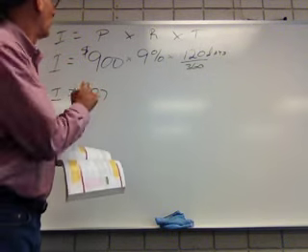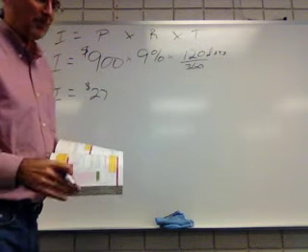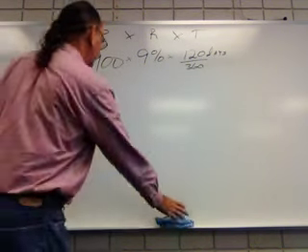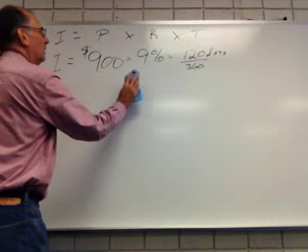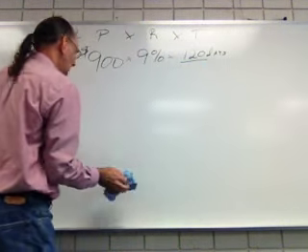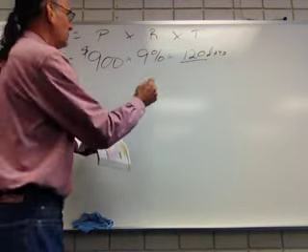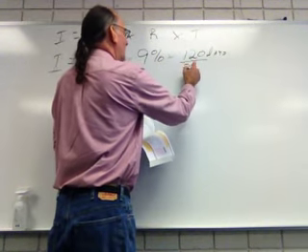Now, that was ordinary. Can we do the same thing with exact? Well, of course we can. The only thing that changes is what? Using exact interest, we use the 365-day calendar.